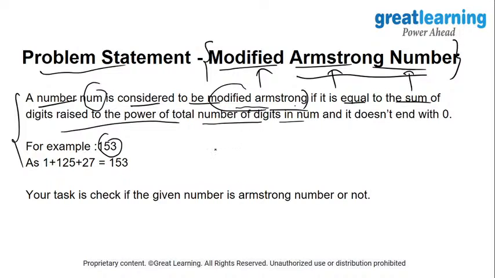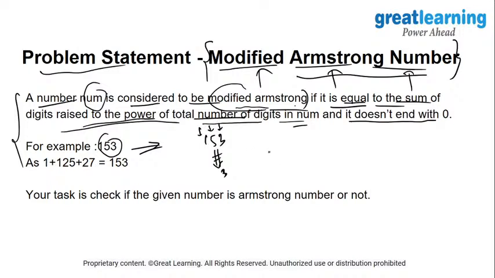So now it says that a number is Armstrong if it is equal to the sum of its digits raised to the power of the total number of digits in the number, and it does not end with 0. Let's suppose 153 is a number. There are 3 digits: 1, 5 and 3.